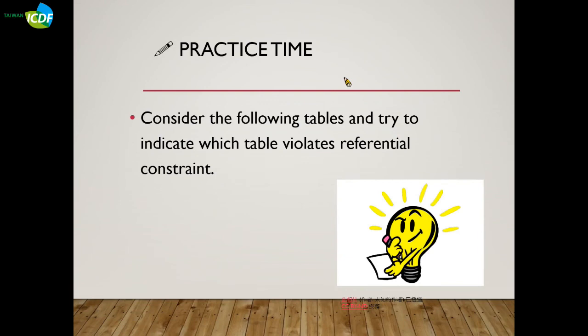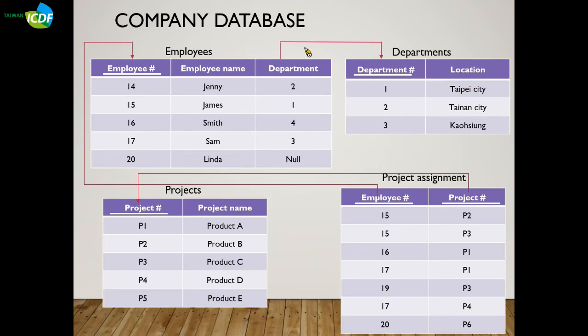In order to make sure everyone understands the concepts related to the referential integrity rule, now in this exercise, everyone can consider the tables of the database company and try to indicate which table violates the referential constraint. According to what I just mentioned, the referential integrity rule mainly concentrates on the foreign key.